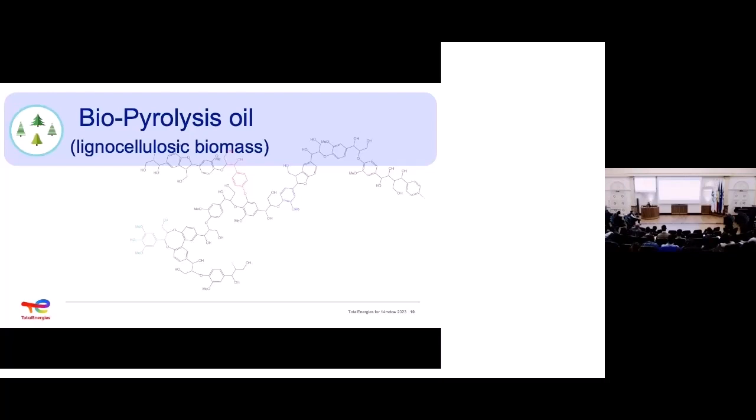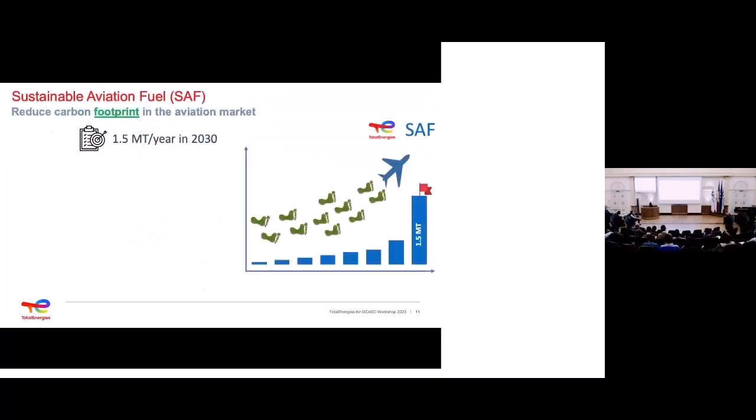And now we have started to explore this matrix for the production of sustainable aviation fuel. In order to reduce the carbon footprint in the aviation market, TotalEnergies aims to produce 1.5 million tons of SAF per year by 2030.